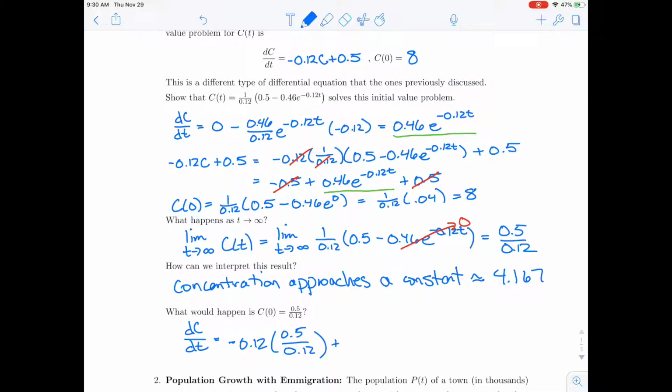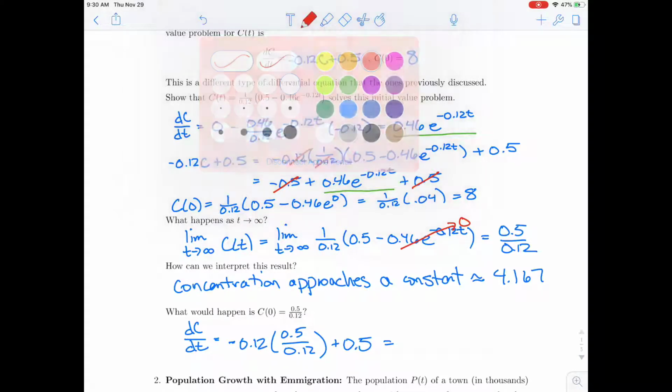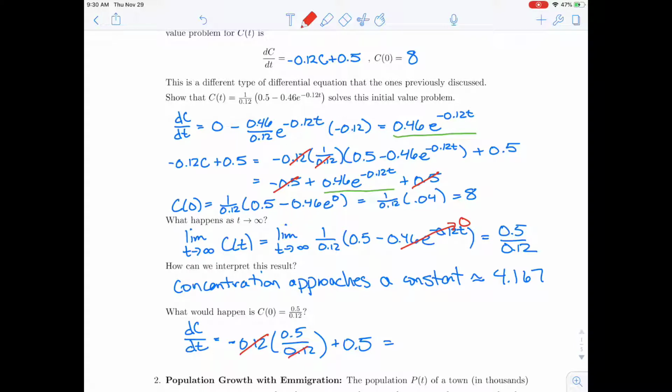And then we would add 0.5, because that is our equation for the derivative. You'll notice that because these 0.12s cancel, we get negative 0.5 plus 0.5, so we get 0. So the derivative would be 0 when the concentration is at that limiting value that we had before.